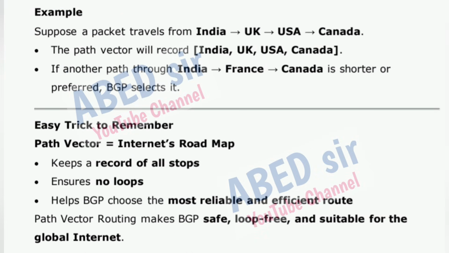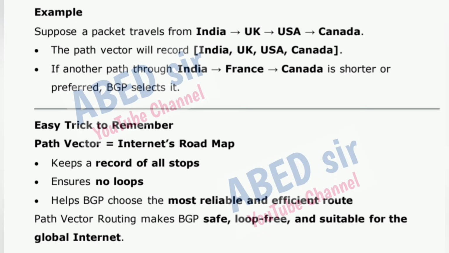Example. Suppose a packet travels from India, UK, USA, Canada. The path vector will record India, UK, USA, Canada. If another path through India, France, Canada is shorter or preferred, BGP selects it. Easy trick to remember. Path vector is equal to Internet's roadmap.